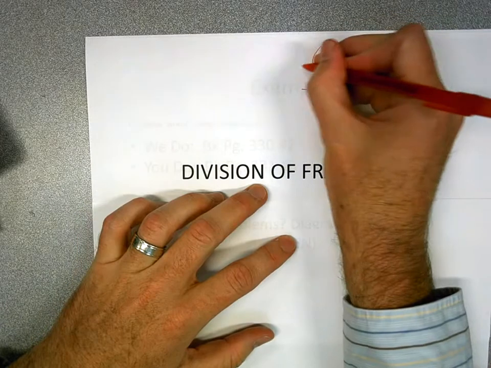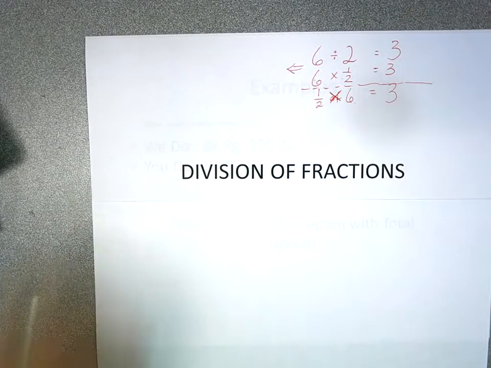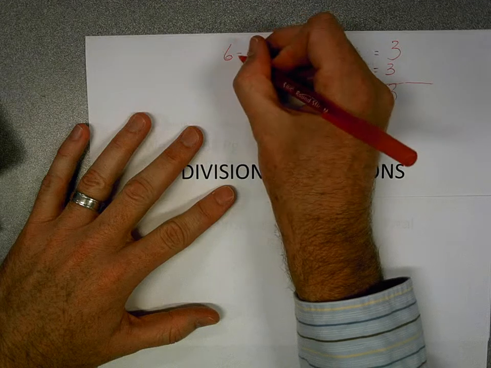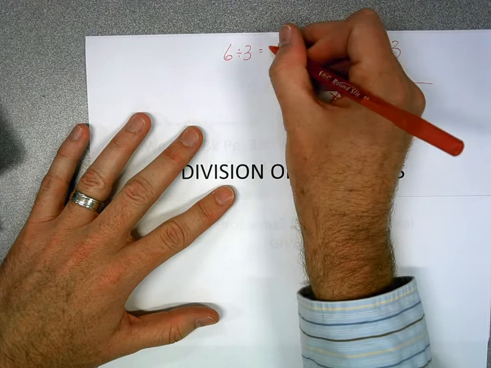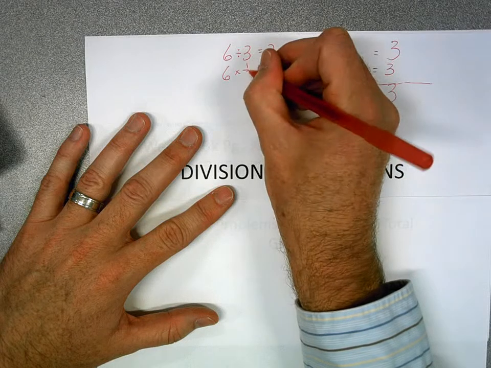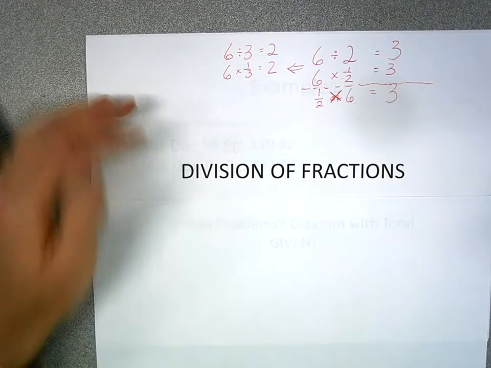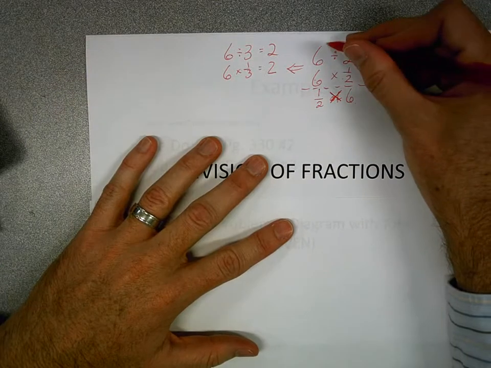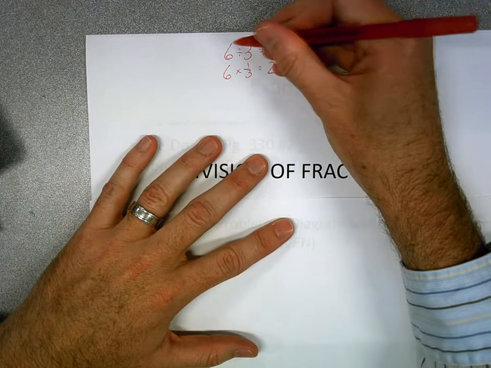After doing this a number of times, they realized something. Even something like 6 divided by 3 gives you 2, and 6 times 1/3 also gives you 2. They recognized after doing a number of problems like this that there's a pattern here.